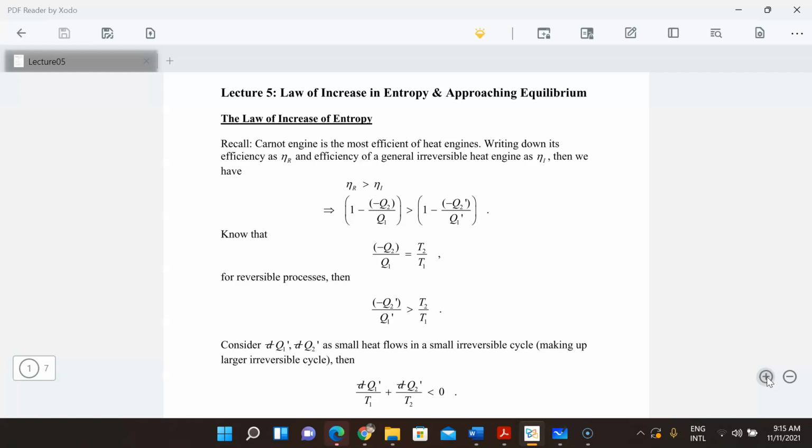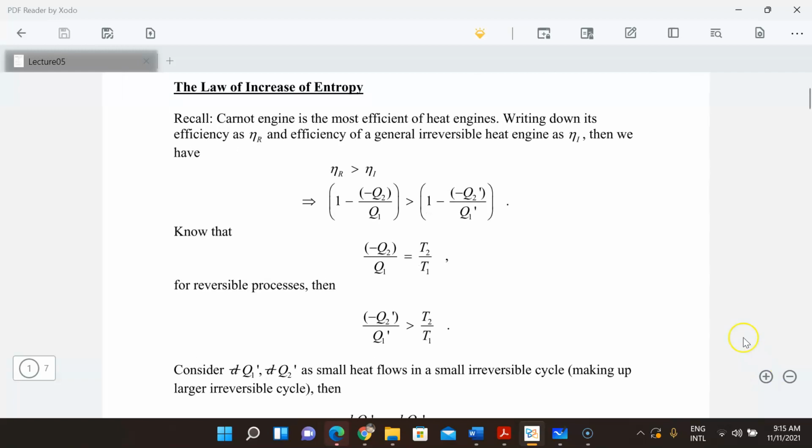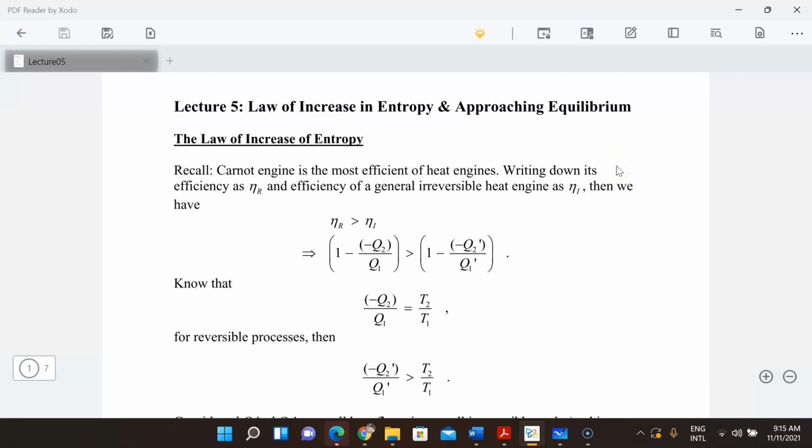So today we are looking back. I think we have started this a little bit, this lecture. So we are looking at the case of the second law in the context of the one that you're probably more familiar with, which is that entropy is always increasing.